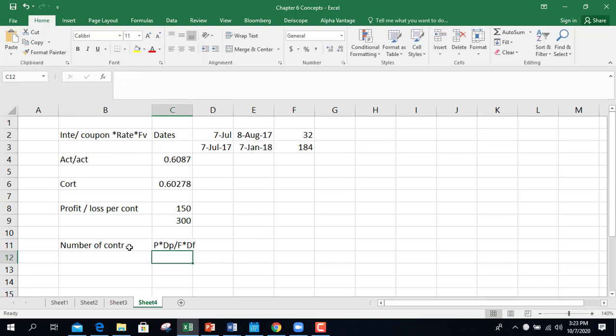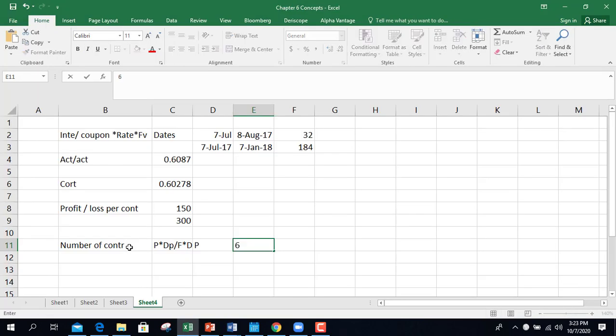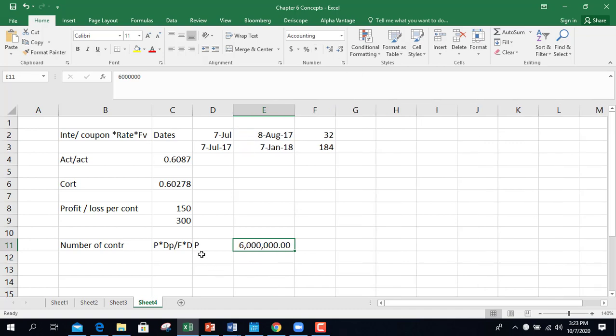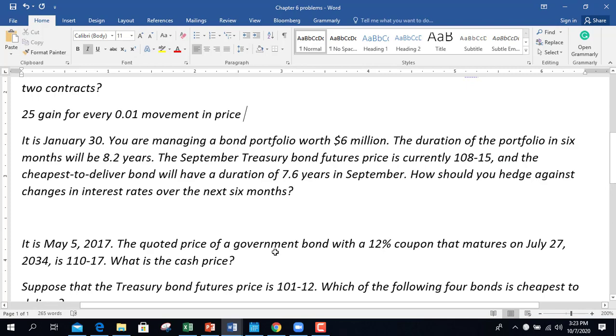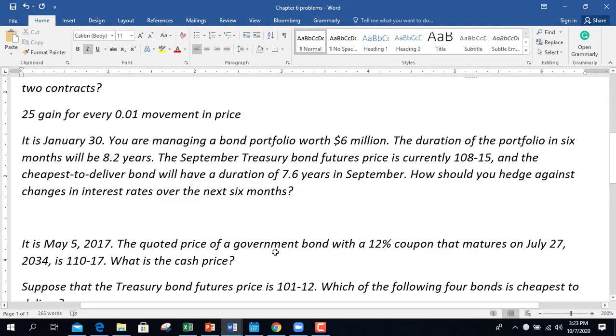So do we know P? P is 6 million. Do we know DP, the duration of the portfolio? We know the duration of the portfolio, it is 8.2 years. Do we know the future position size?